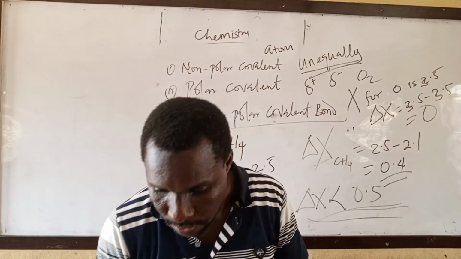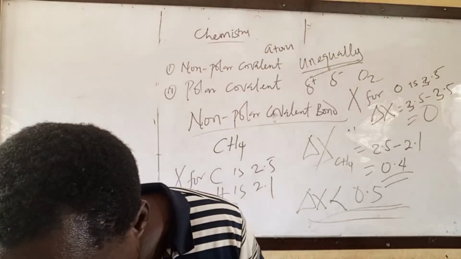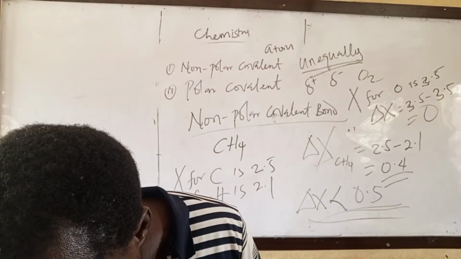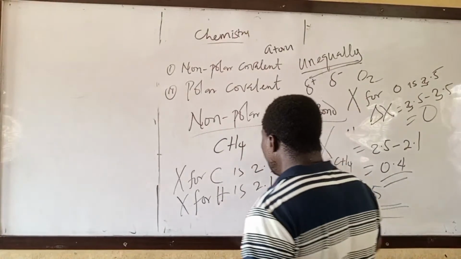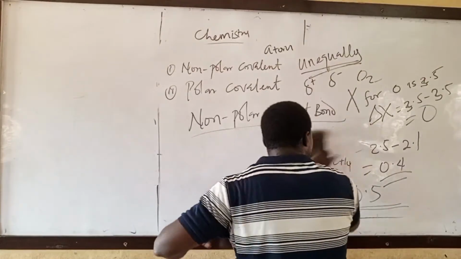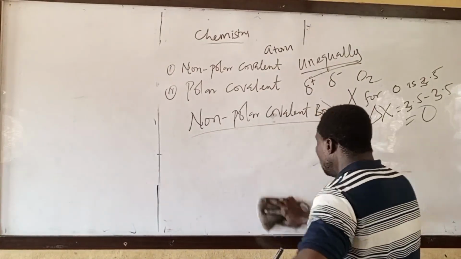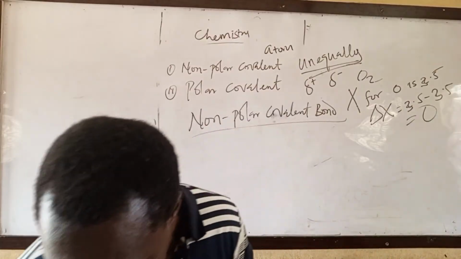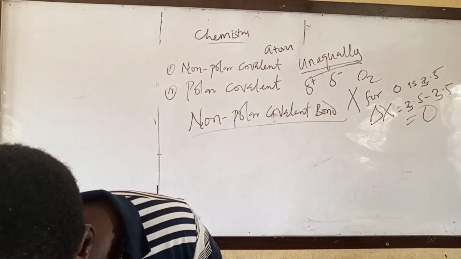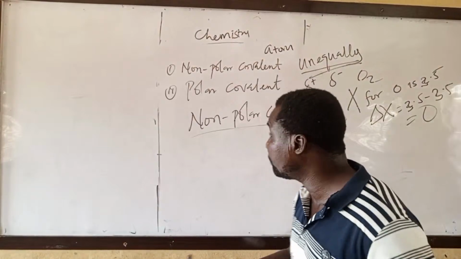Take note of that. You will understand better when you have this example now. I have so many examples for which I will use their electronegativity value. Class, listen.